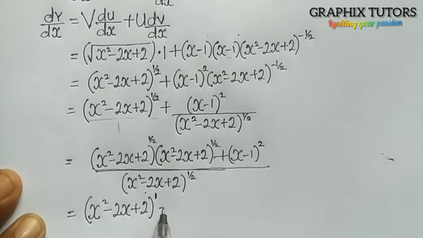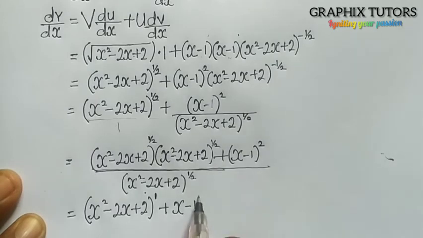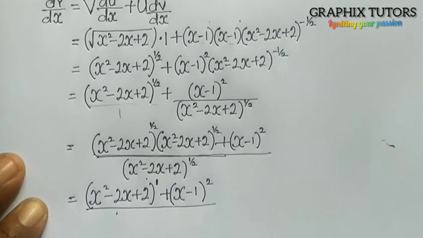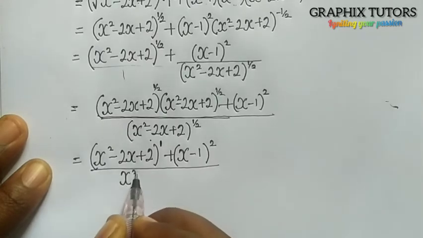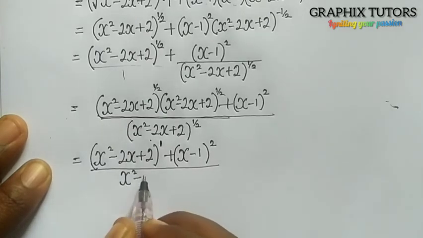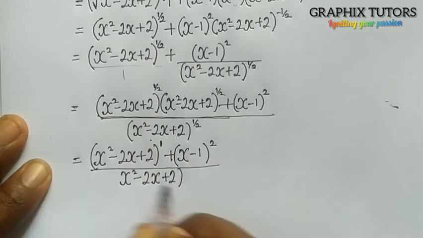So plus x minus 1 to the power of 2. Everything all over x squared minus 2x plus 2 to the power of 1 over 2, right?